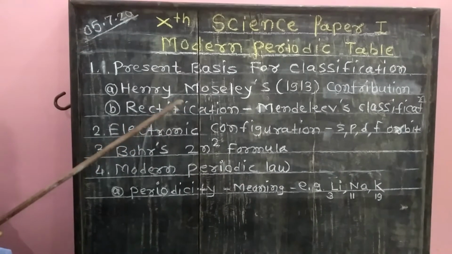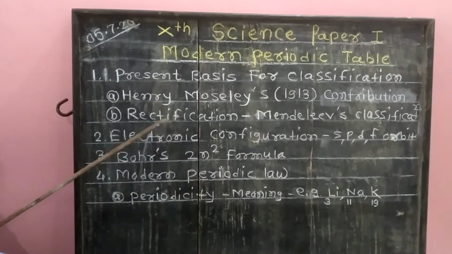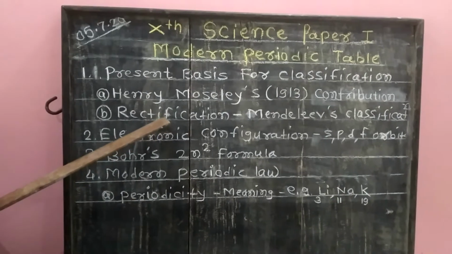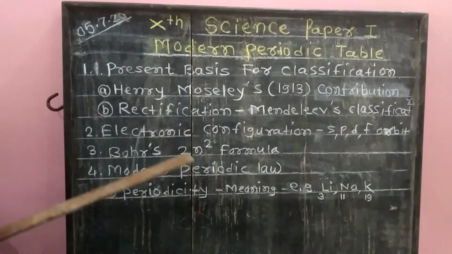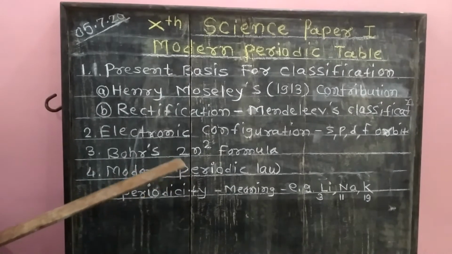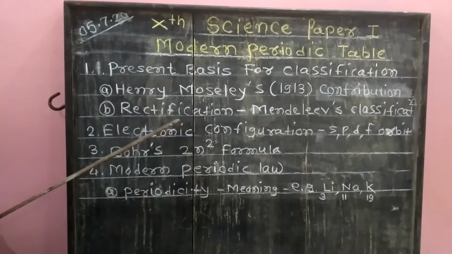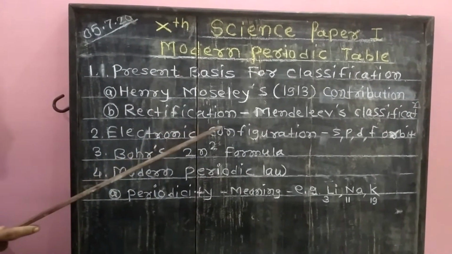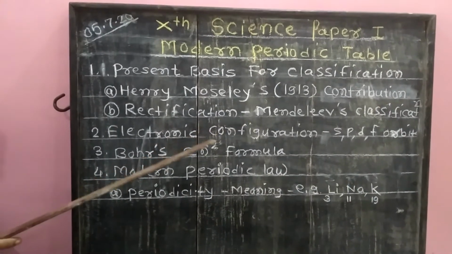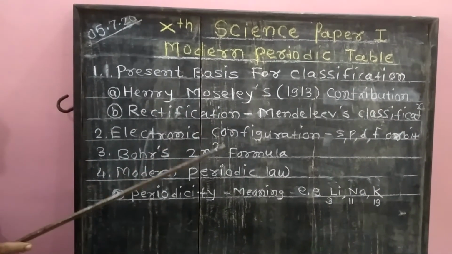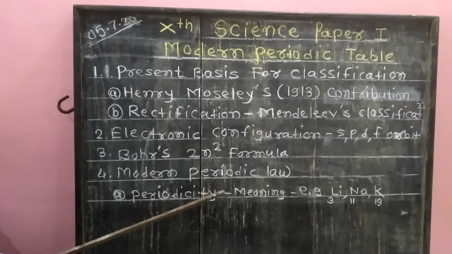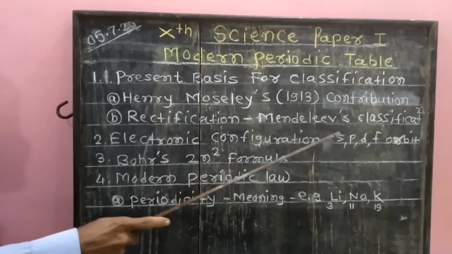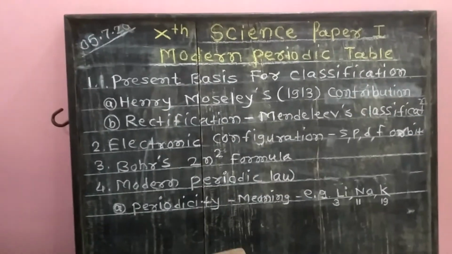Here, those drawbacks or defects were rectified in the modern periodic table. The first defect of Mendeleev's periodic table is that isotopes of the same element have the same atomic number and they are arranged in the same group.